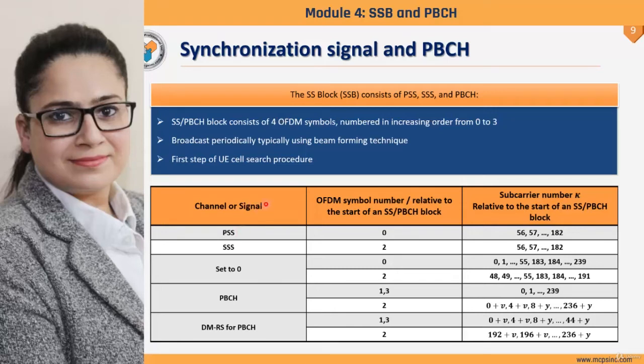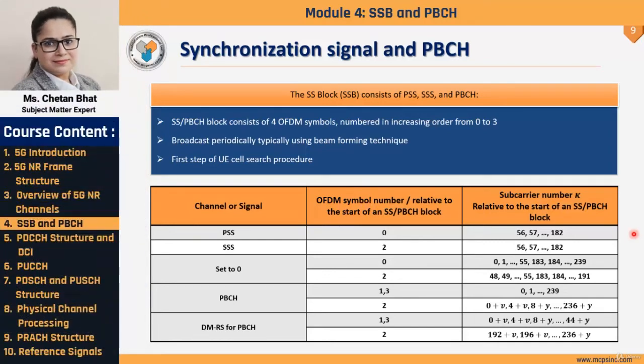With respect to this, we have a table which has the different signals: PSS, SSS, PBCH and DMRS. We also have the time domain position with respect to the symbols. Then we also have the frequency domain representation, or you can say the number of subcarriers that PSS, SSS, PBCH will occupy, right?